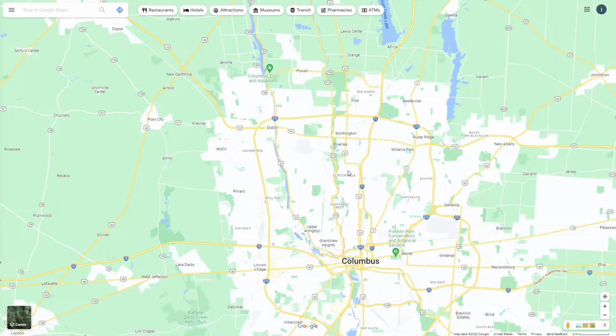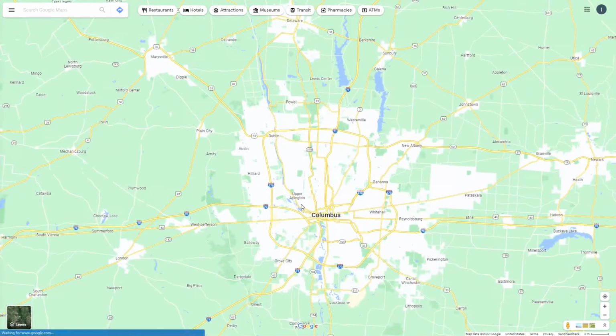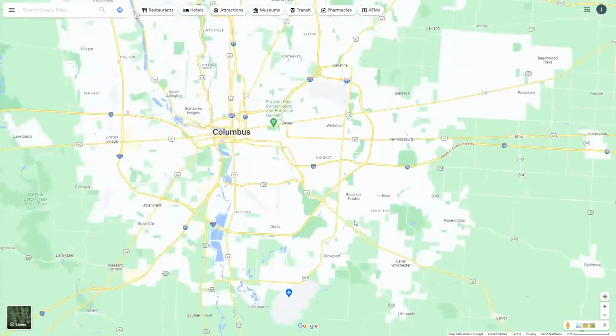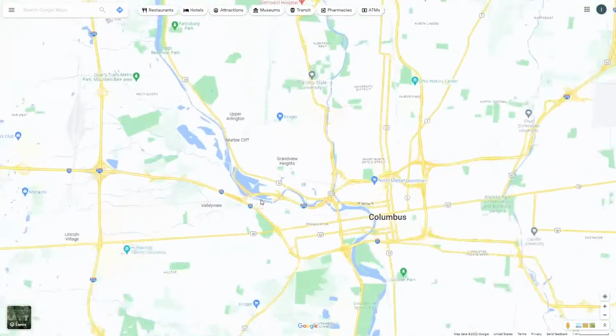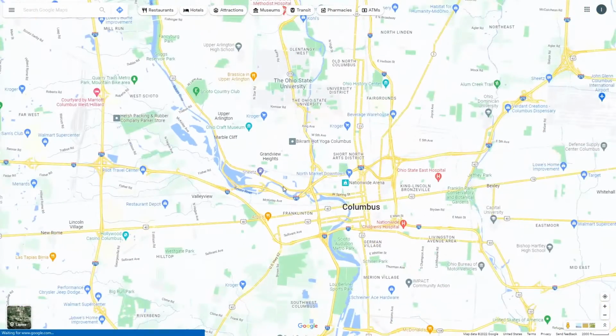Pretty much the main interstate in Columbus is Interstate 70, so they just put the number 2 attached to 70 so that it's symbolizing that it's the beltway around the city. It's an extension around the city off of the main 70 interstate, and you can also see that on Interstate 670.